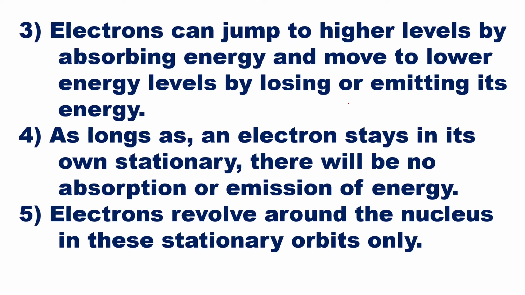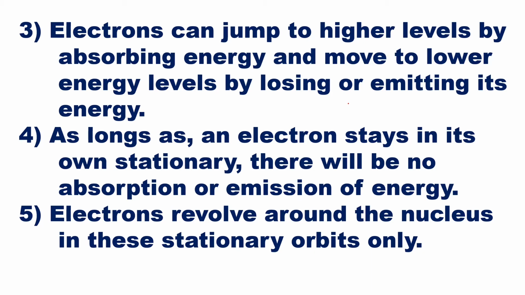Number three, electrons can jump to a higher level by absorbing energy and move to lower energy levels by losing or emitting energy. As long as an electron stays in its own stationary orbit, there will be no absorption or emission of energy. Emission and absorption come when the electron jumps from low to high or high to low. Then number five, electrons revolve around the nucleus in the stationary orbits only.